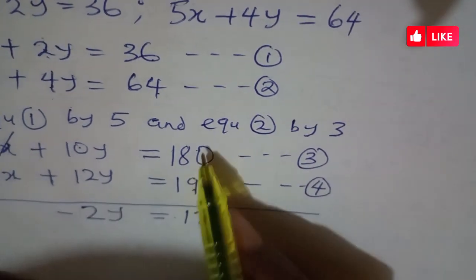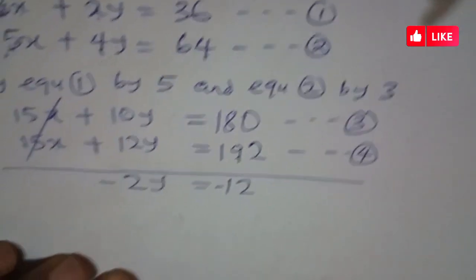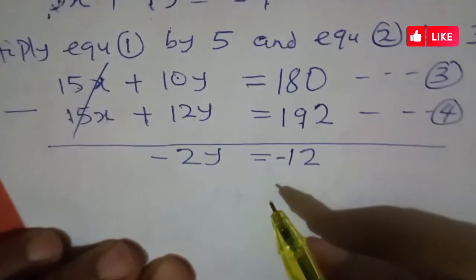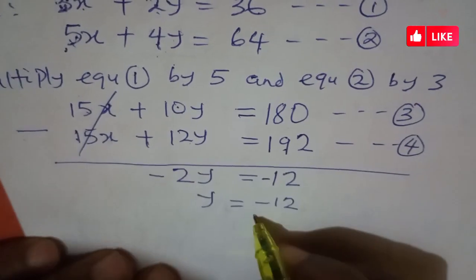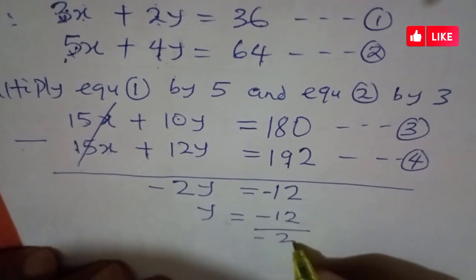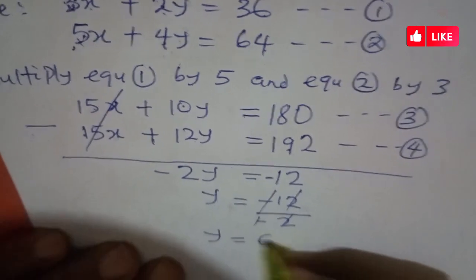It's minus 12. 180 minus 192, that is minus 12. So in this case, y will be equal to minus 12 divided by minus 2. So we have y to be equal to 6.